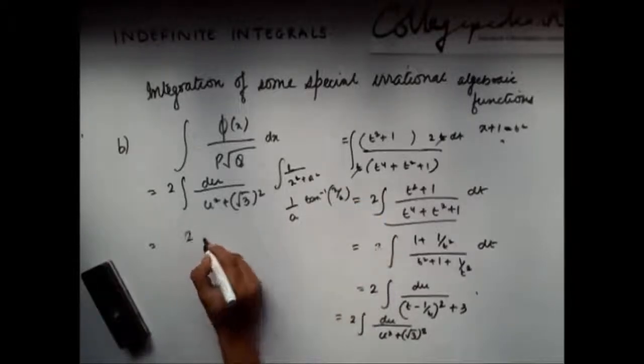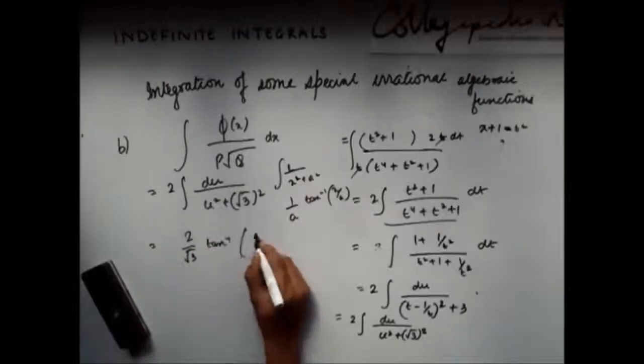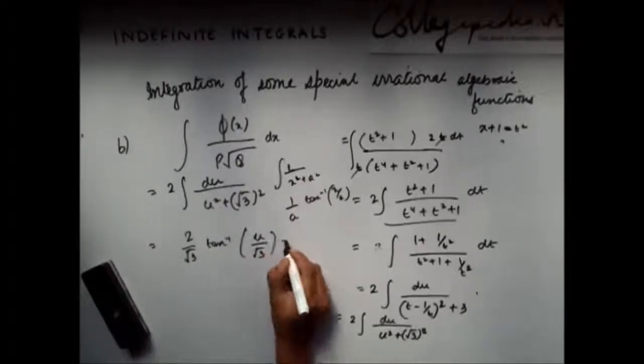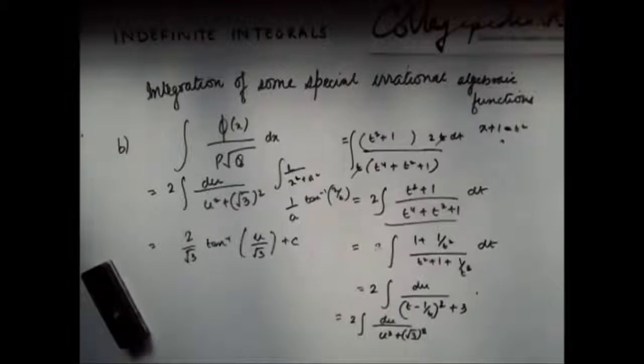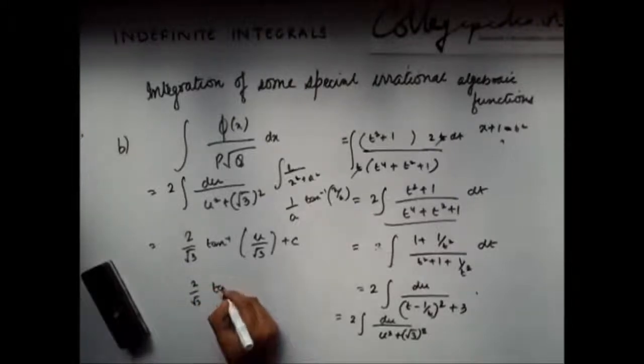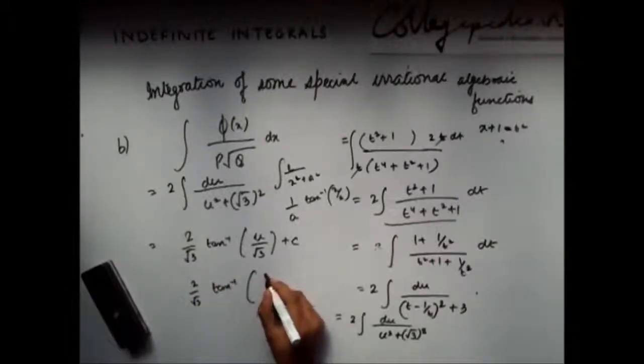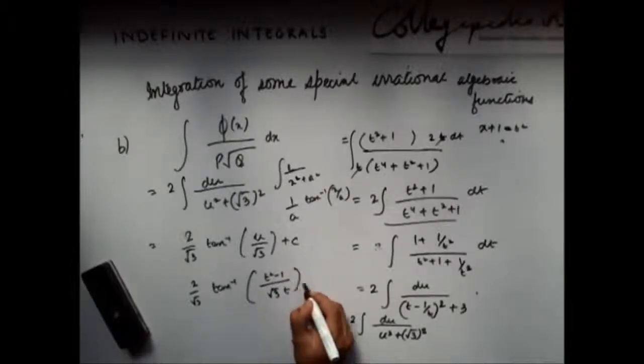So this becomes 2 by root 3 tan inverse u by root 3 plus a constant c. Now what is my u? My u is t minus 1 by t, right? So it becomes 2 by root 3 tan inverse t square minus 1 by root 3 t plus c.